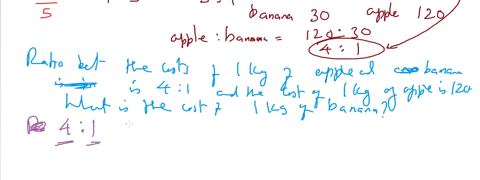So we can take the actual costs as 4x and x, or for any variable, 4k and k. That means it's a certain multiple of that variable.